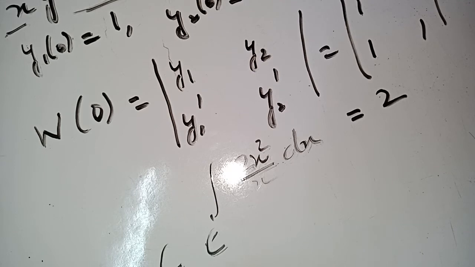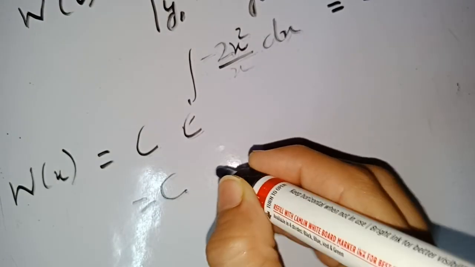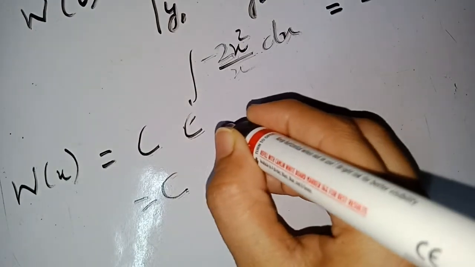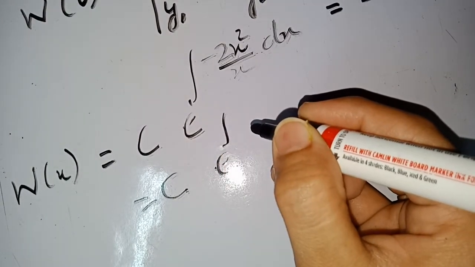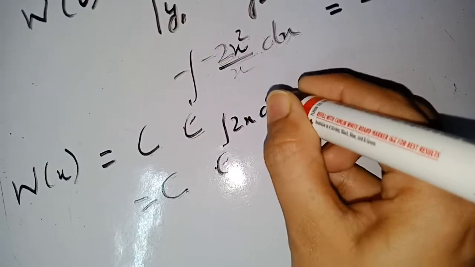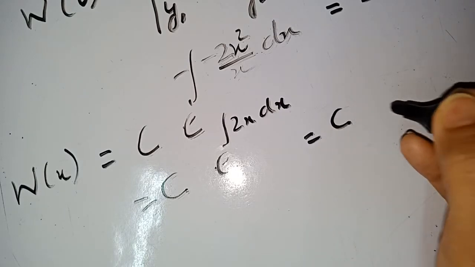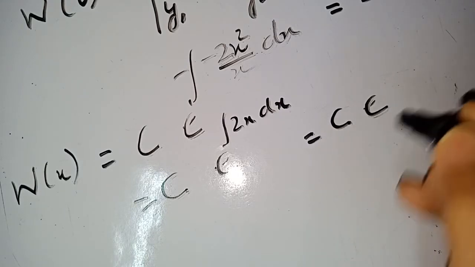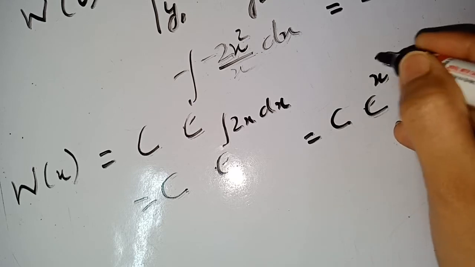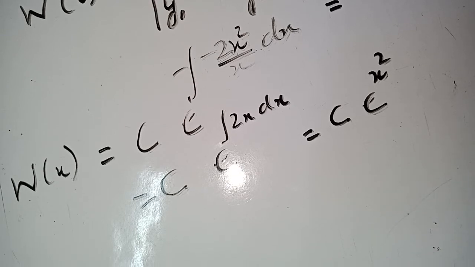So it becomes c e raised to the power integral of minus 2x dx, that is equal to c e raised to the power minus x square. Here we integrate 2x, so we get x square, and so we get e raised to the power x square.